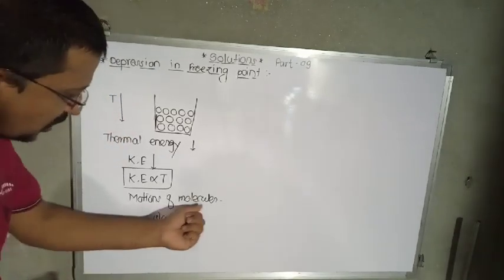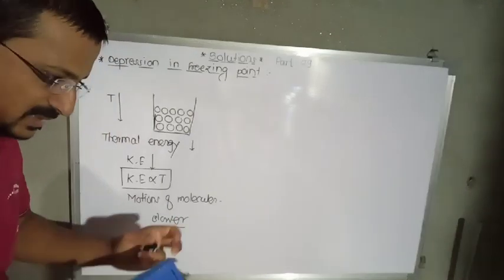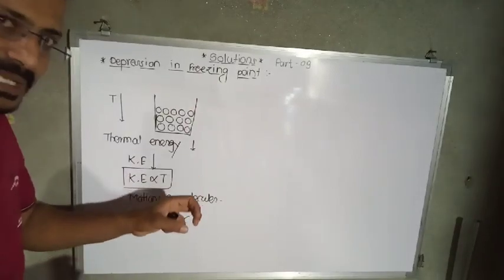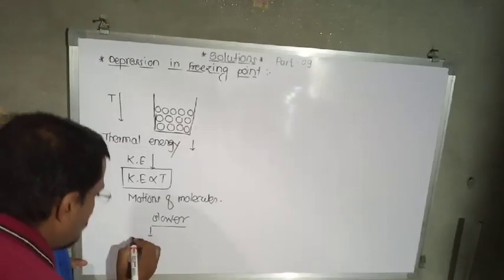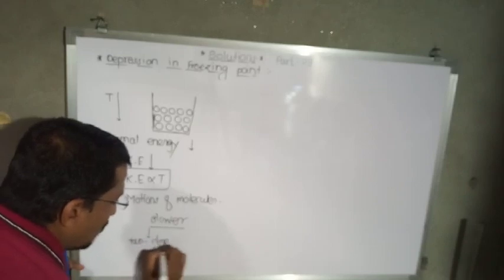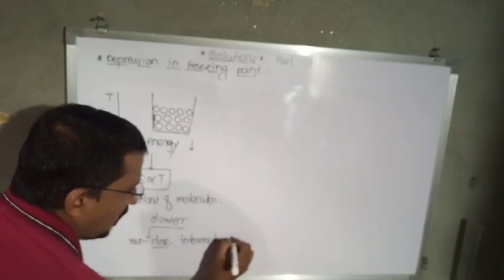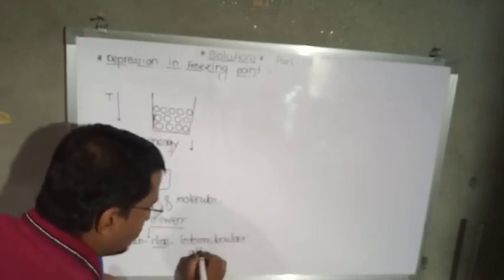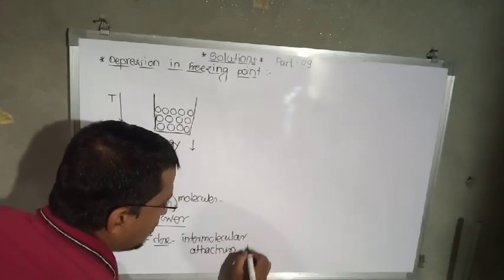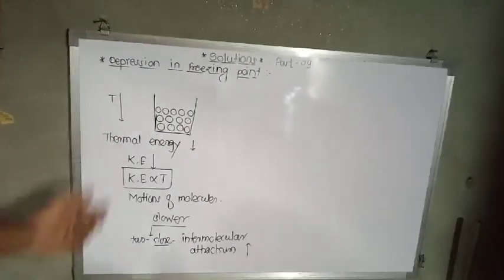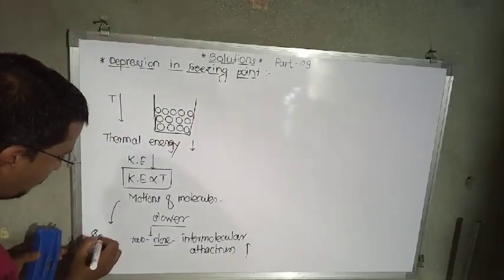And as the motions of the molecules become more and more slower, if the movement of molecules in that solvent is slowed, then there are more chances and scope that two molecules come very close to each other. Two molecules which are moving randomly, these molecules come very close to each other, in the sense we say that the intermolecular force of attraction increases, and as intermolecular force of attraction increases, automatically that liquid phase converts into solid phase.